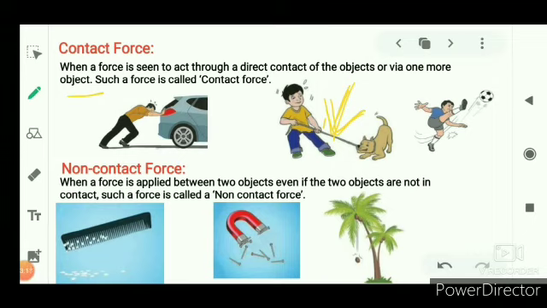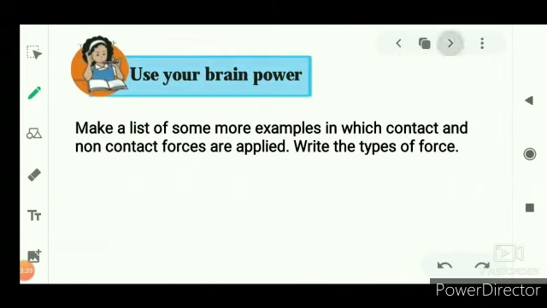Such types of forces are called contact forces. Now non-contact forces means there is some type of interaction, some type of force between two objects, but the two objects are not in direct contact, they are not physically in direct contact. Such types of forces are called non-contact forces.